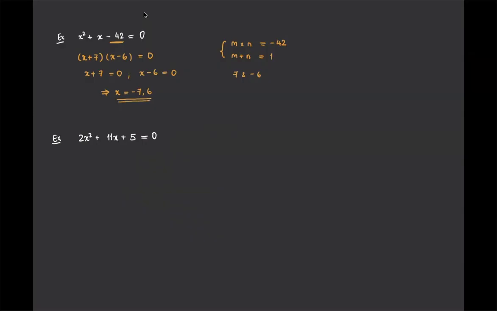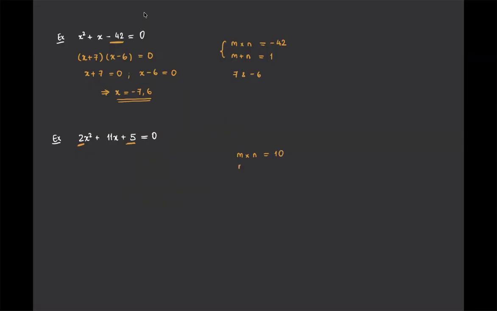Right? Moving on to a non-monic quadratic, we again are in search of 2 numbers denoted by m and n. But in this case, m and n multiply to give the product of the leading coefficient 2 and the constant 5. That is 2 times 5, or 10.